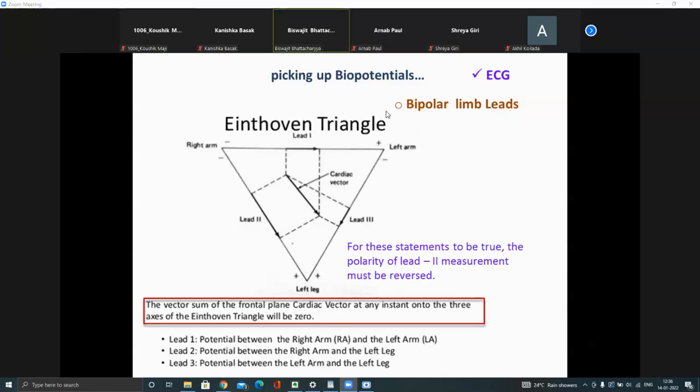Note that the actual heart voltage has a direction from upper left corner to the lower right corner, pointing down. Its projection on three different axes will give us our three different voltages, lead 1, lead 2, and lead 3 voltages.